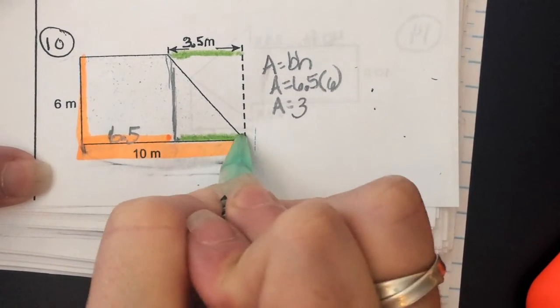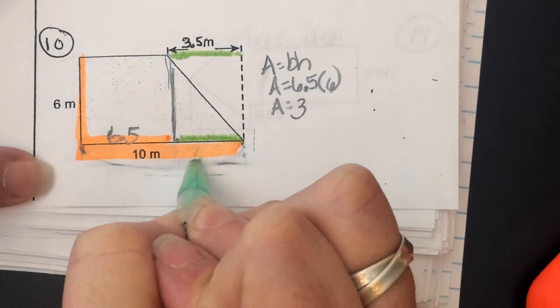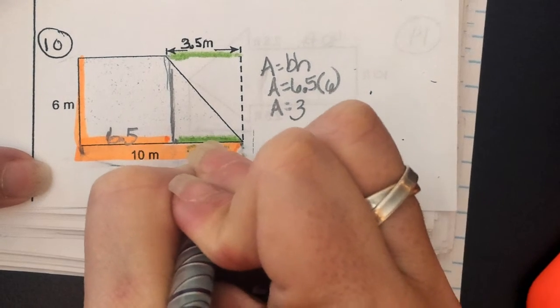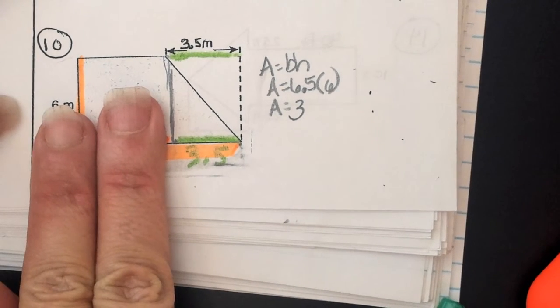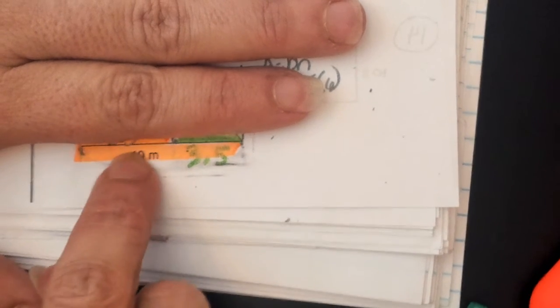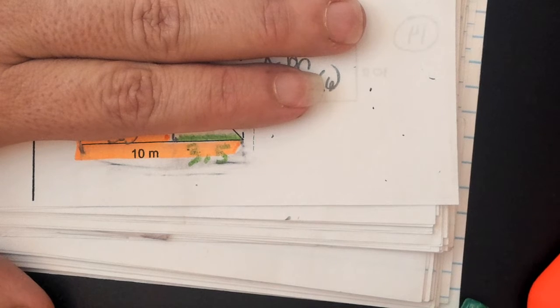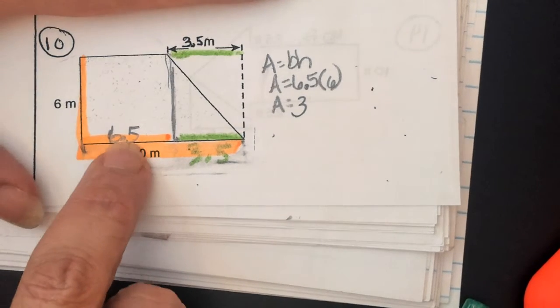So from here to here is 3.5. You know the whole thing's 10, but what would that be? So you would take 10 minus 3.5 to get the 6.5 on that side.